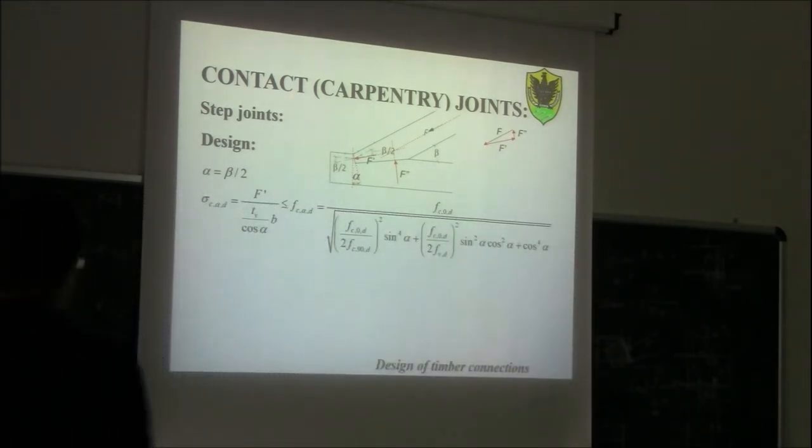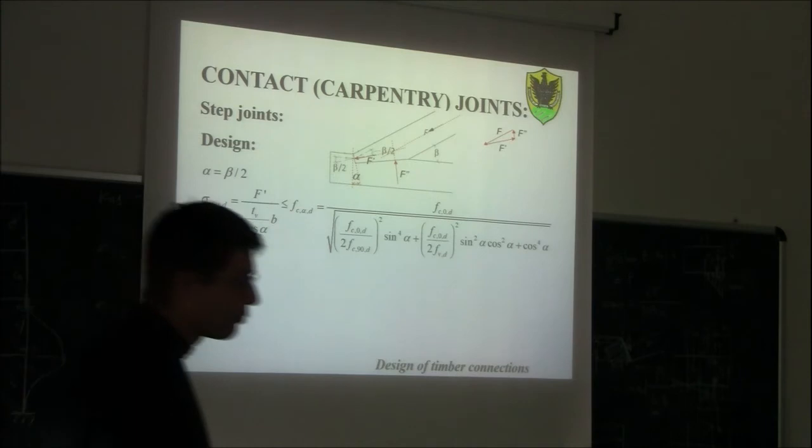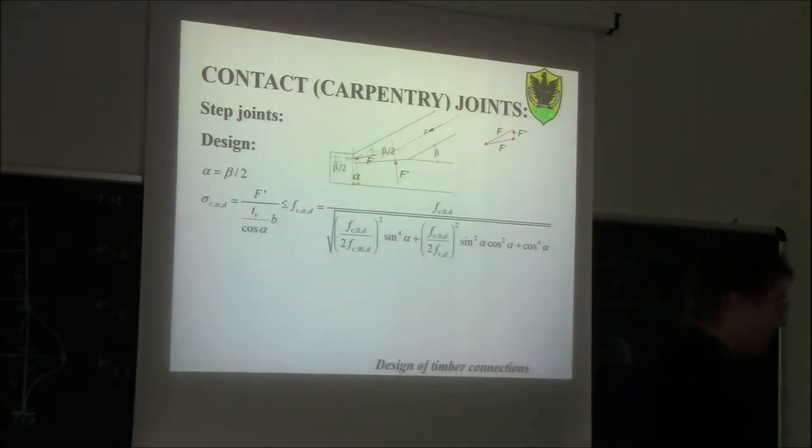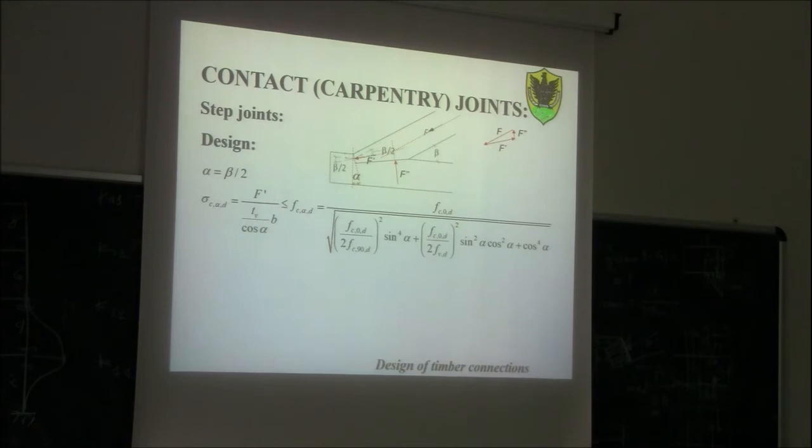Okay? Now, if you look back to the lesson about beam state design, where we were talking about compression at an angle to the grain, you will find another formula. You will find what we call the Hankinson equation, which was a slightly simpler equation compared to this.